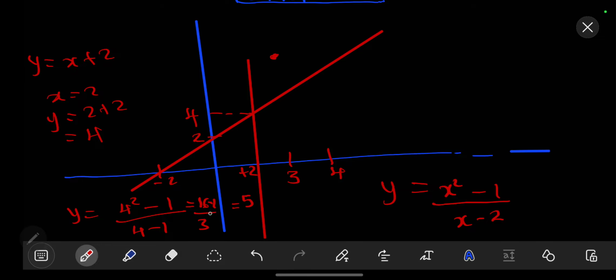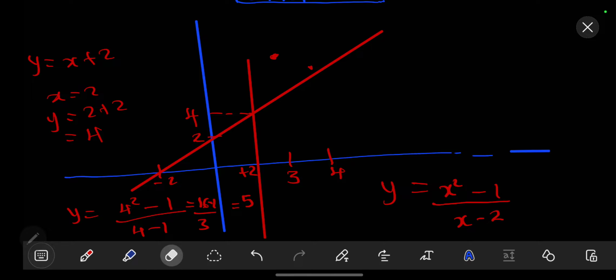So 16 minus 1 is 15, divided by 3, that's 5. So you will realize it will be 4 comma 5. If 8 is there, then 5 should be somewhere there.